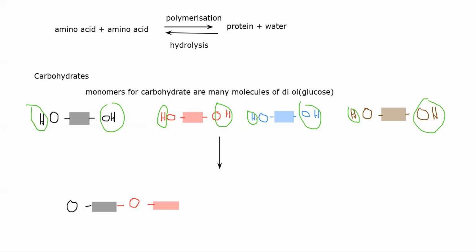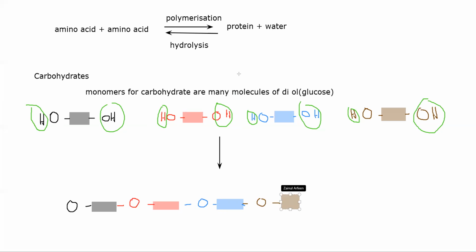Then this OH and H being removed, so oxygen is there. And then there's a carbon link, like the carbon chain. And this OH and H being removed. So what I will have is oxygen and then this carbon chain.